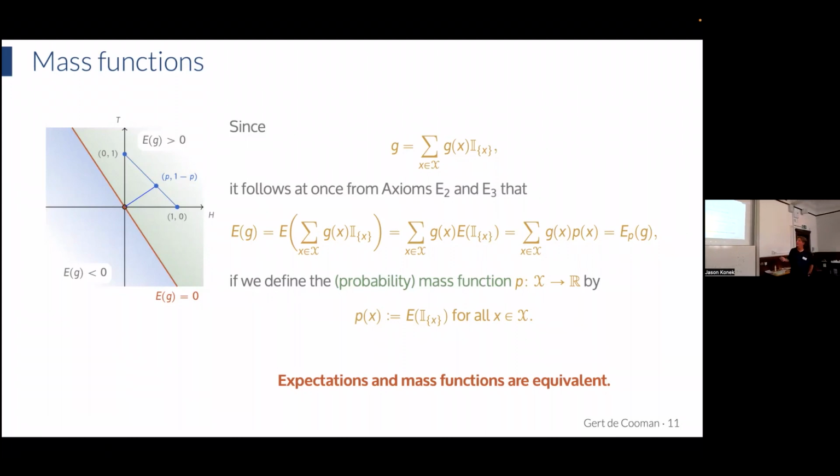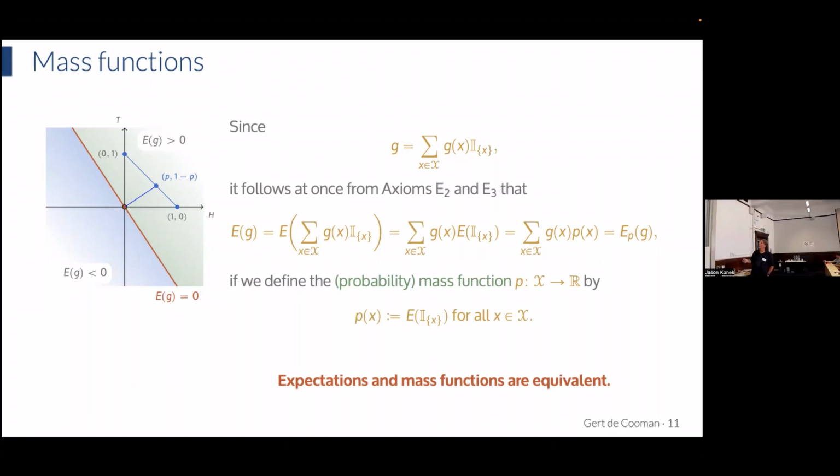If I define the expectation of the indicator as the probability of x, or the probability mass of x, then what I see is that this expectation is actually the expectation of G associated with a mass function P. So what I always have is that any expectation operator that satisfies E2 and E3 takes this form.